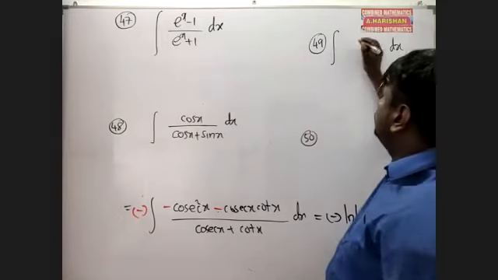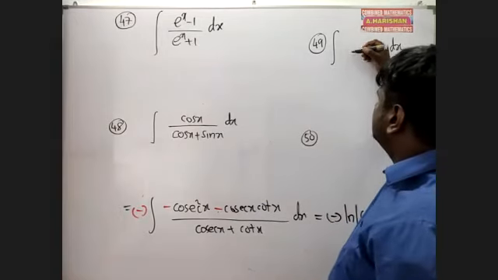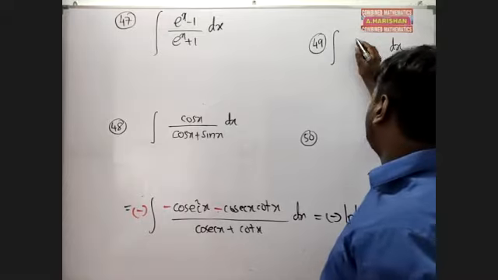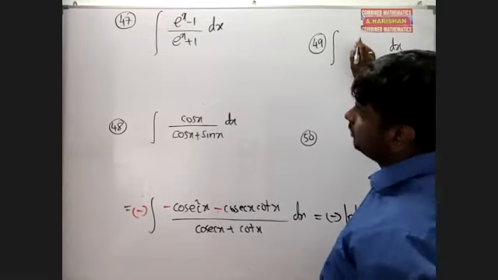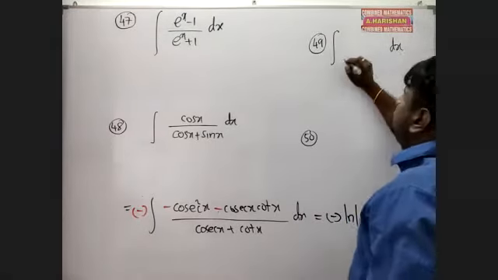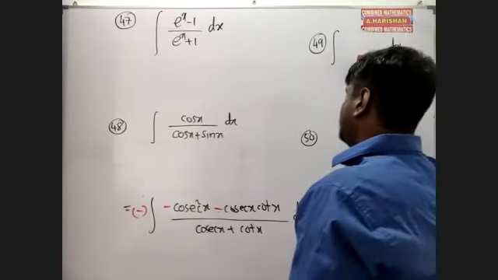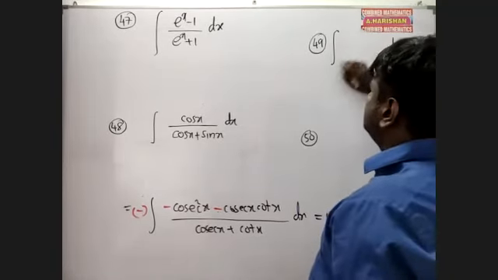That is e to the power x, done; cos x, done; everything done. What to do?